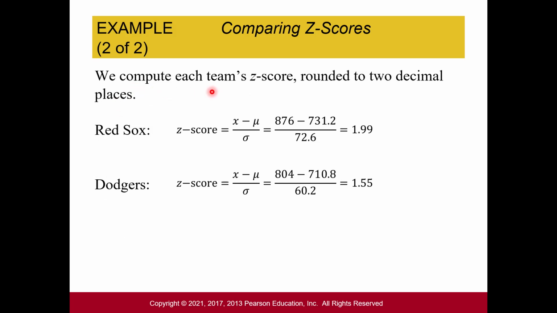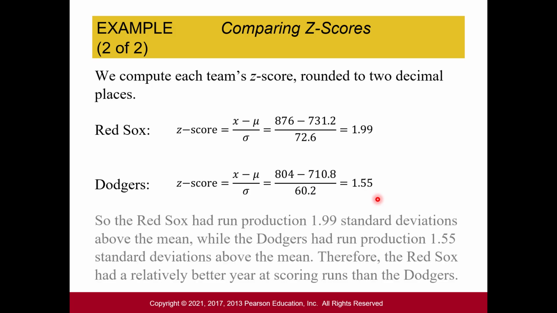So we compute each team's z-score, and we're going to round to 2 decimal places. For the Red Sox, we have our data value, which was 876. Subtract the mean, divide by the standard deviation. So our z-score is 1.99. For the Dodgers, our data value was 804, minus the mean, over the standard deviation, and we get 1.55.